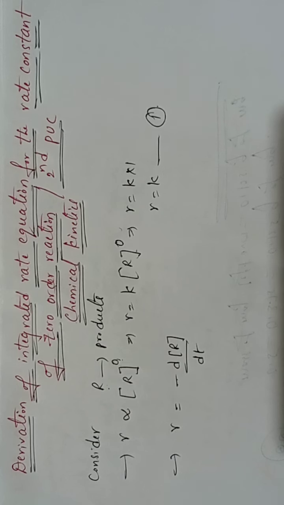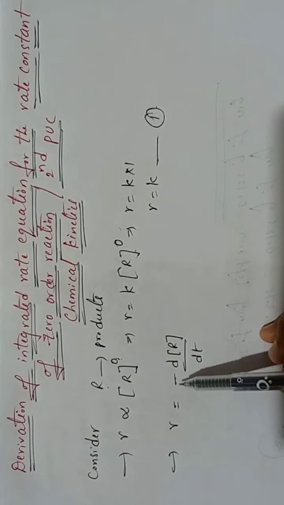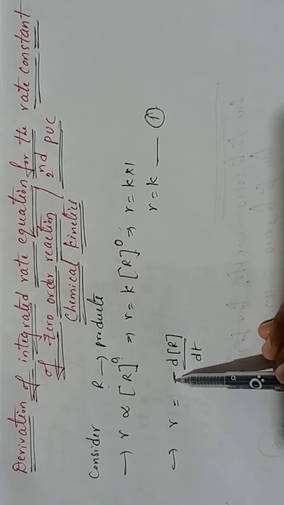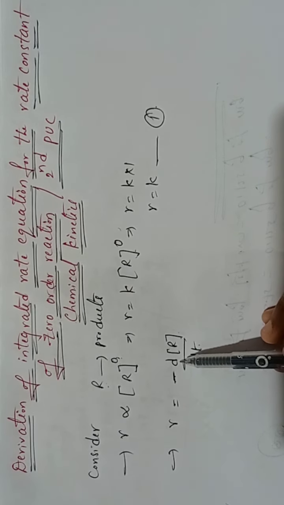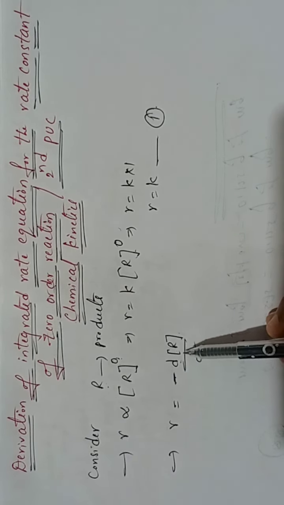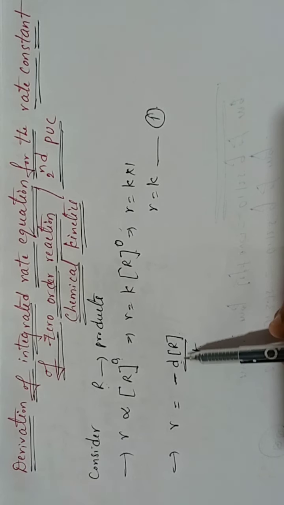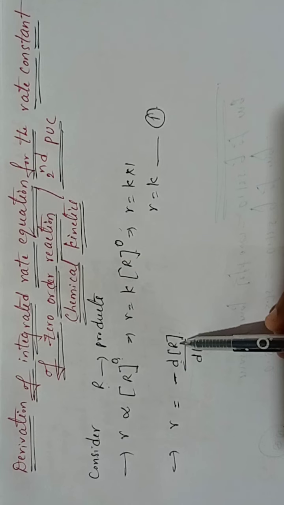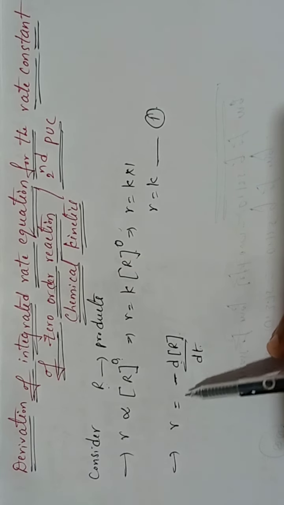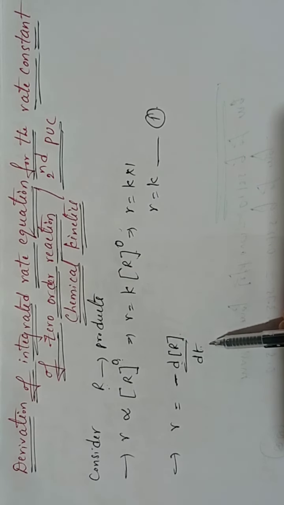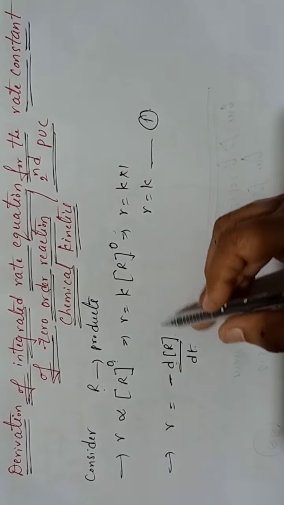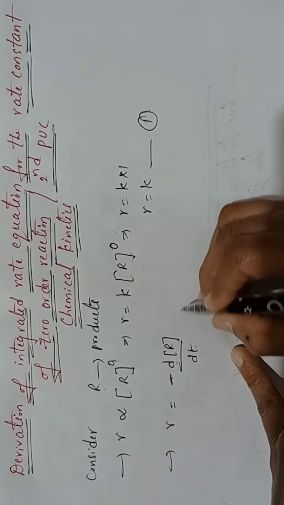That's why I'm taking the sign minus, d[R] by dt. d indicates the small change, and the square bracket indicates concentration. So it is change in the concentration of reactants by change in time. Rate is equal to minus d[R] by dt. This is the second equation.